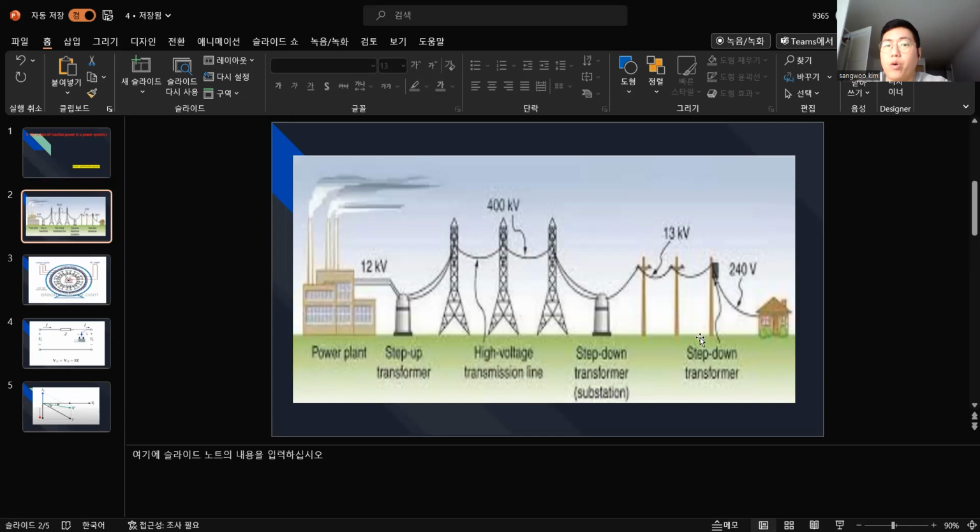It's a long way from our house, almost 1,000 kilometers, depending on where you live. So this is a general, broad view of the power system.